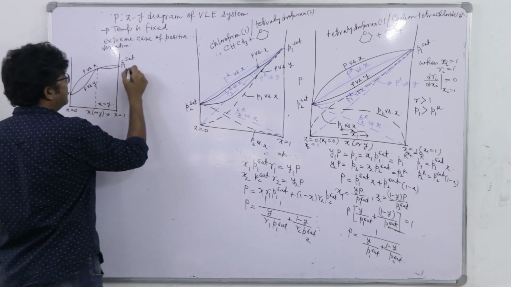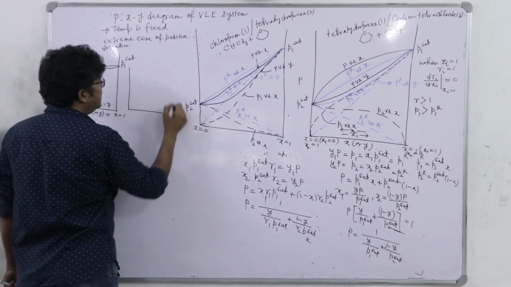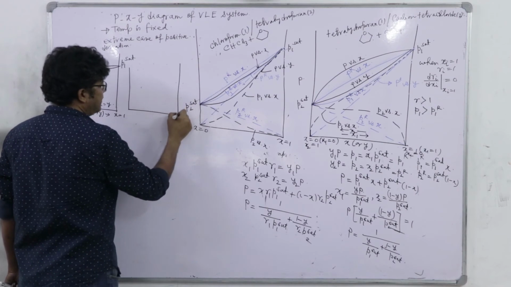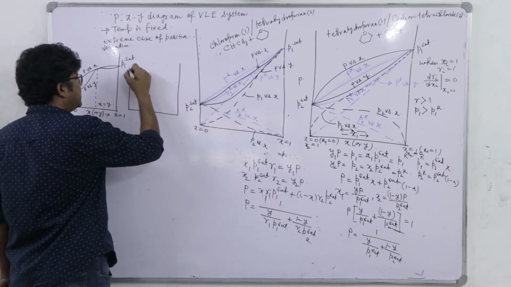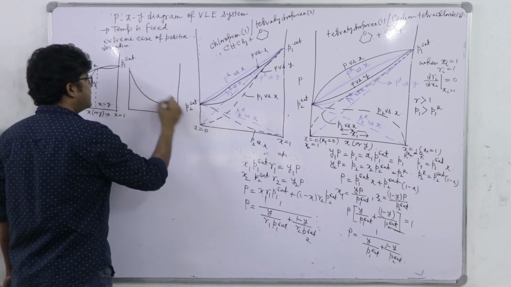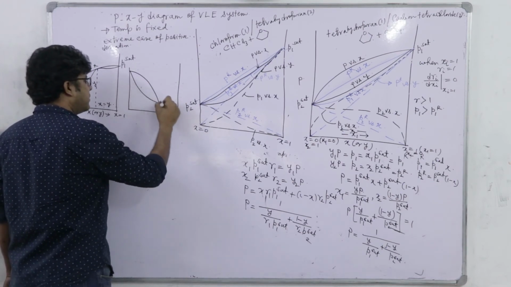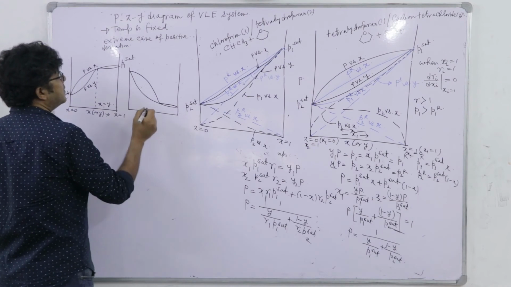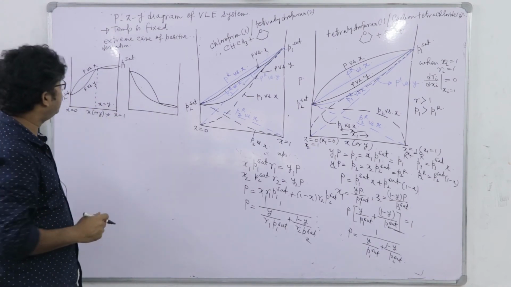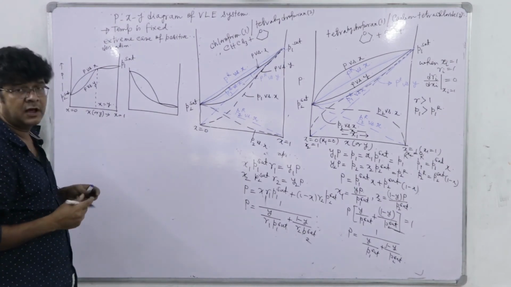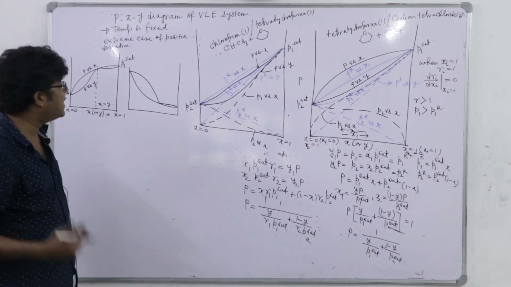So, obviously, the respective Txy plot, if we generate for the same system, we will see that the curve looks like this. Okay. So, extreme positive deviation from Raoult's law gives rise to a minimum boiling azeotrope.